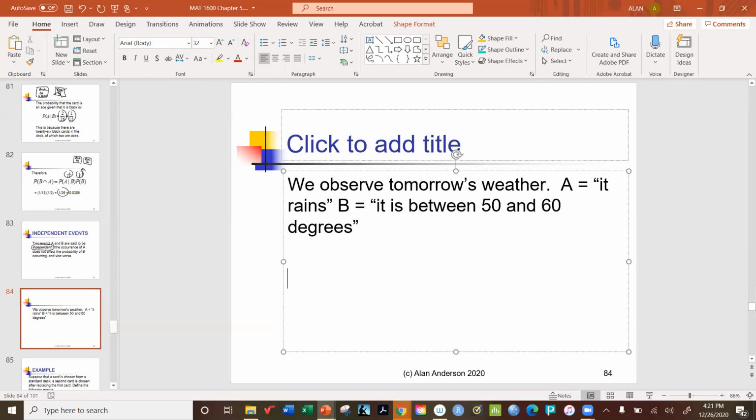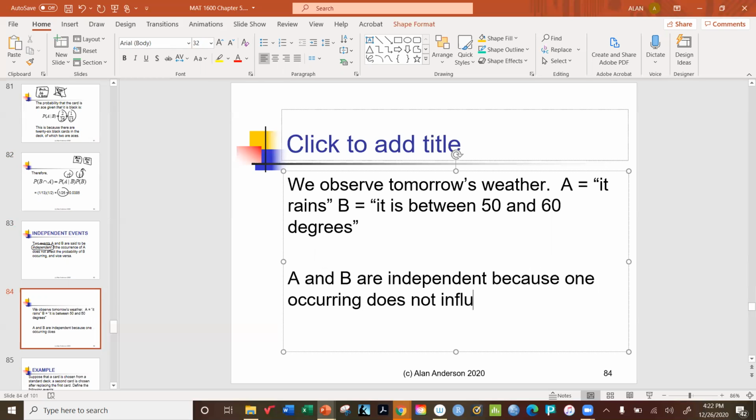In other words, there's nothing to stop it from raining if it's between 50 and 60 degrees, or whether it's not 50 and 60 degrees. So we could say here that A and B are independent because one occurring does not influence the probability of the other occurring. I mean, that's basically what we're looking for.